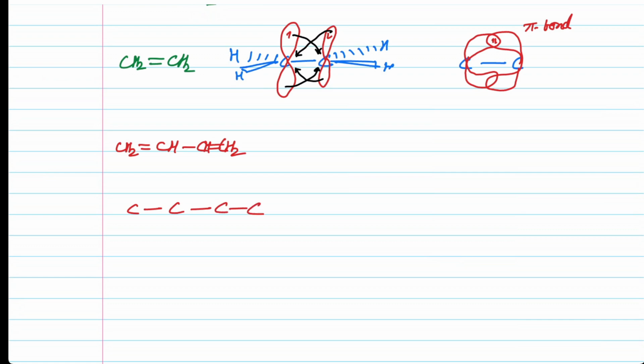Each of these carbons contains an unshared electron in an unhybridized orbital. When we discuss these unhybridized orbitals, as in the previous case, there is again an attractive force between these electrons and the nucleus.